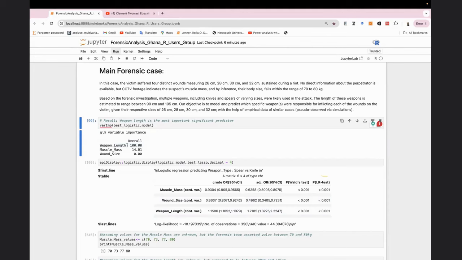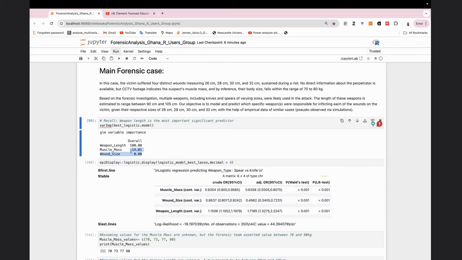So it reflects in the odds ratio that it had the highest odds ratio. Muscle mass was the next important one, with the second highest odds ratio. And the wound size was the least. It had the least odds ratio, and that's why it is the least important among these ones.